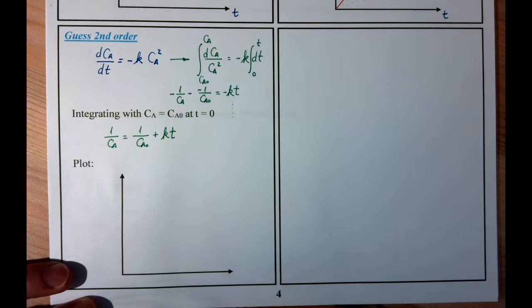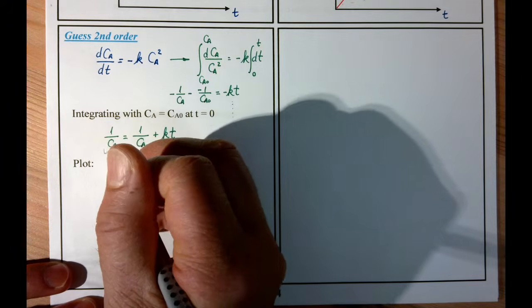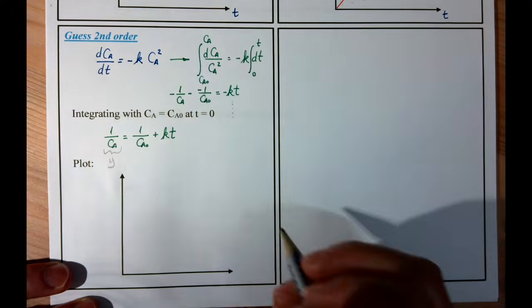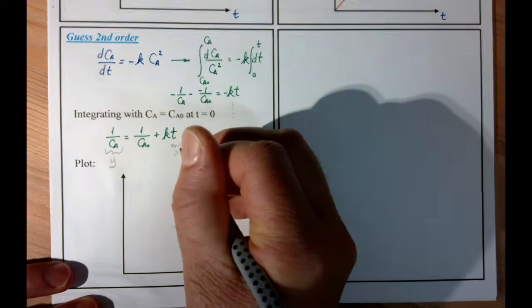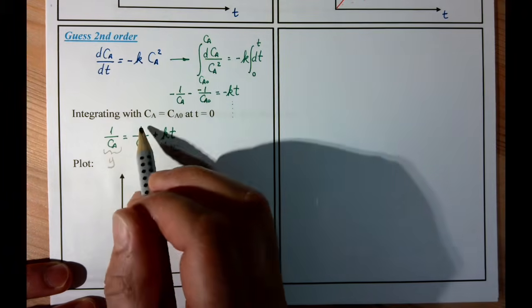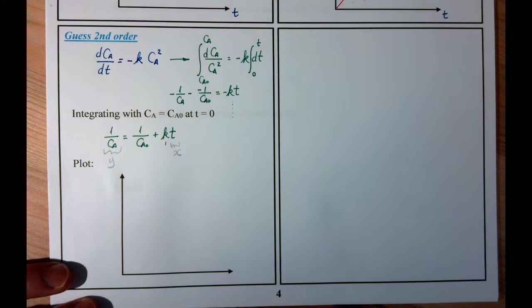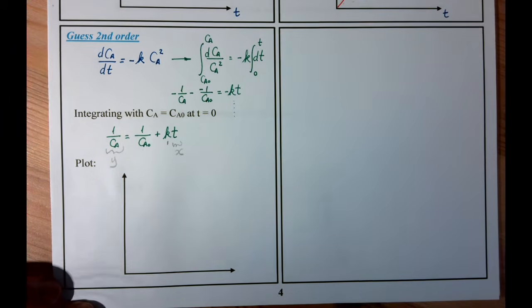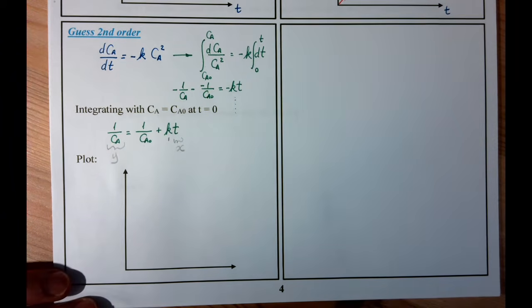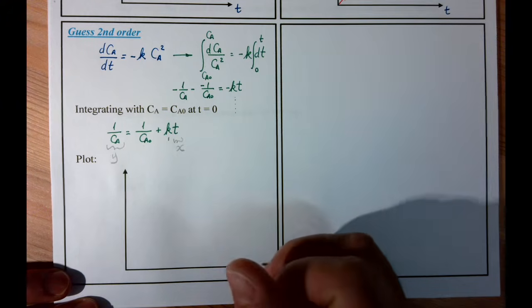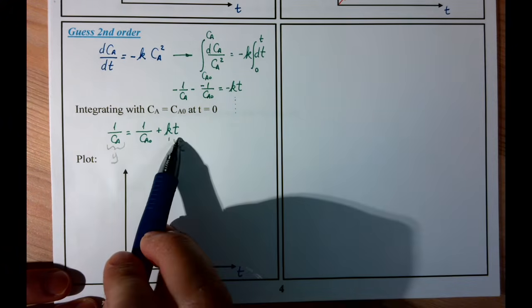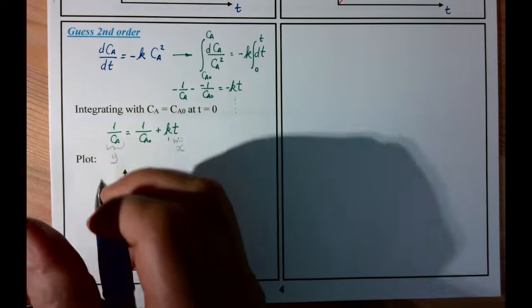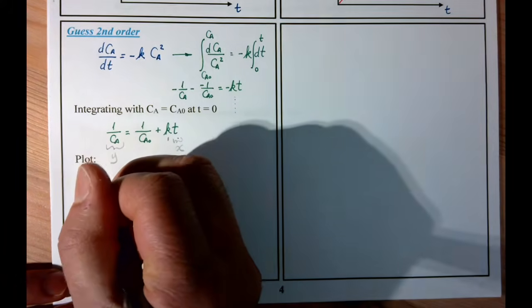This is the equation of a line where y is 1 over CA, t is x, k is the slope, and 1 over CA naught is the intercept. So what we would plot in the graph is time on the x-axis and 1 over CA on the y-axis.